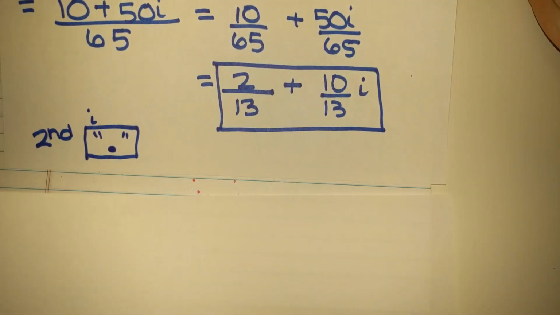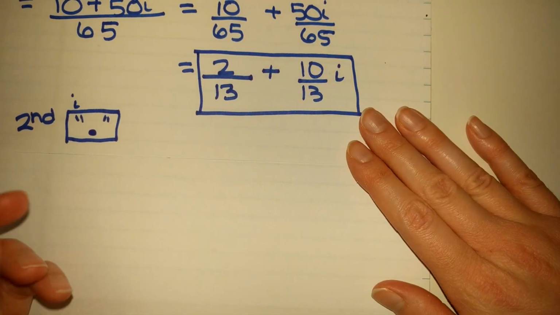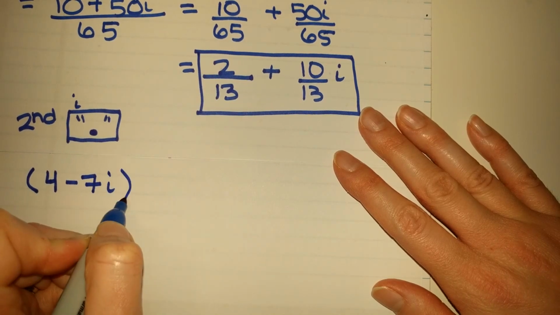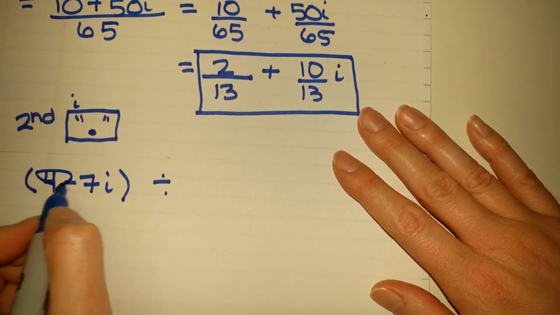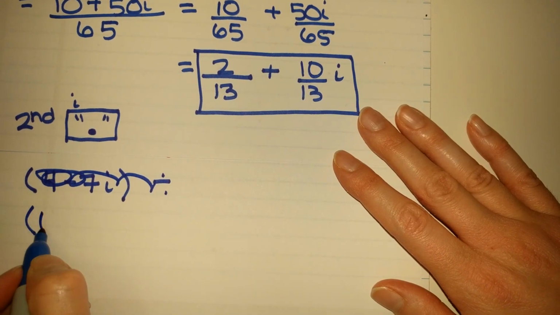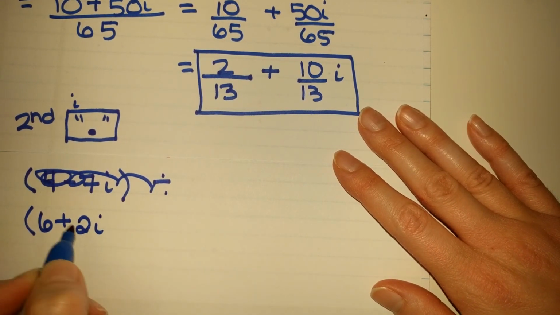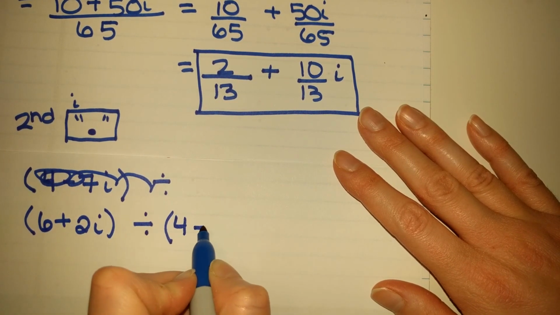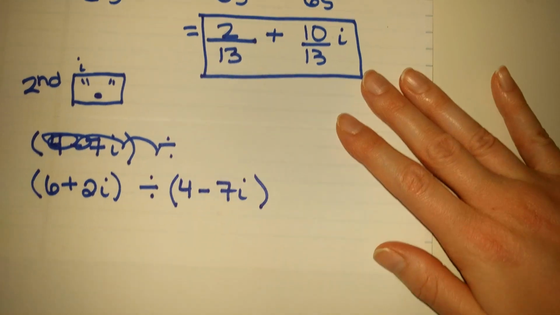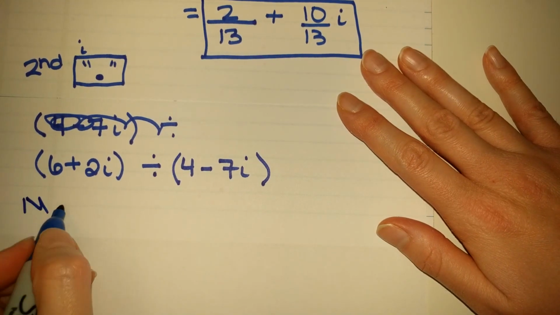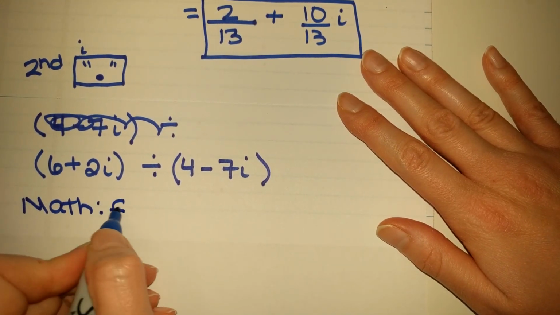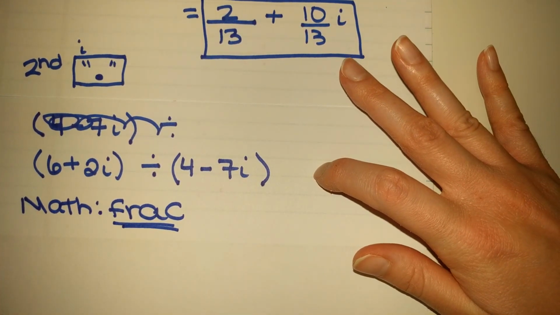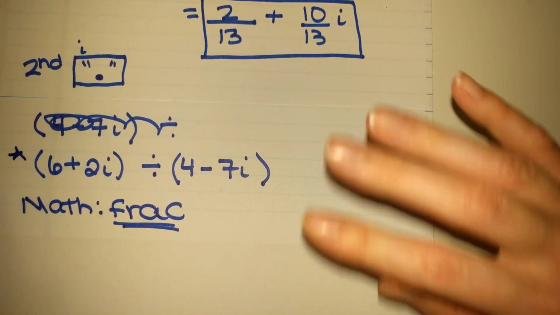But when you put this on your calculator, be super careful, because you do need parentheses around the whole numerator, 6 plus 2i, then divide it by parentheses, the whole denominator, 4 minus 7i. And then as we discussed in class, you can hit the math frac button, and that will give you the fraction form of the decimal approximation that your calculator spits out when you put this in as just an imaginary number.